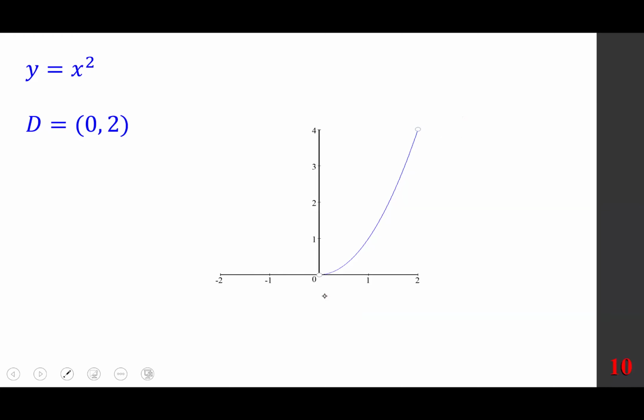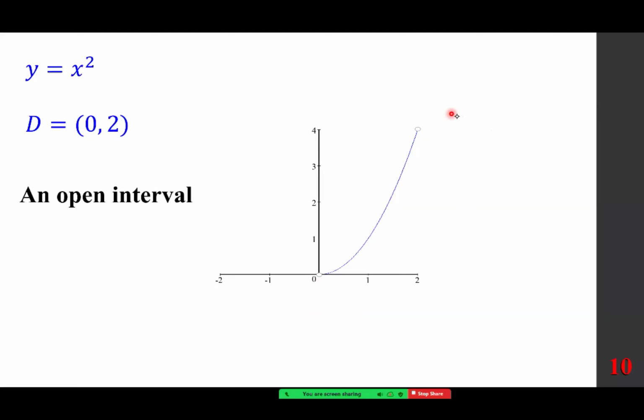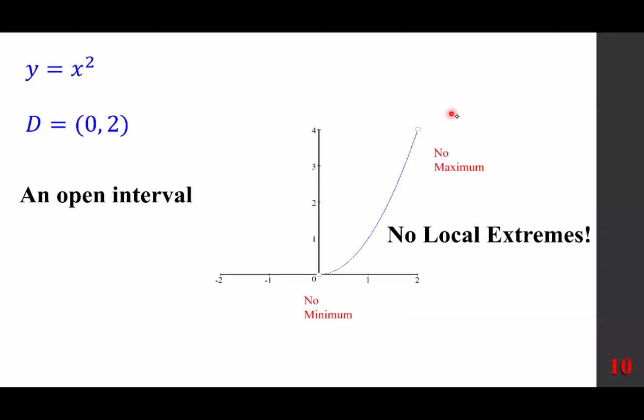Let's make it an open interval. That means none of the endpoints are included. There's a hole here, there's a hole here. None of them is included, which means no minimum, no maximum. By that we mean no absolute min, no absolute max. Of course, there's no local extrema as well. We don't have them either.